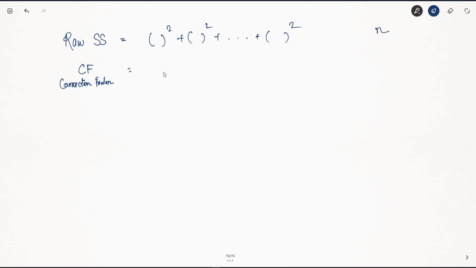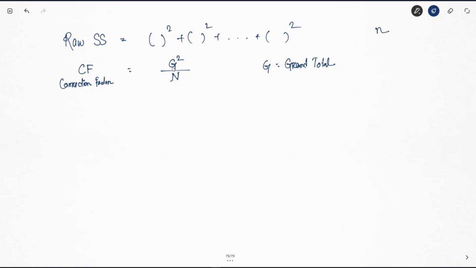The correction factor is G square by n. What is G? G is the grand total.